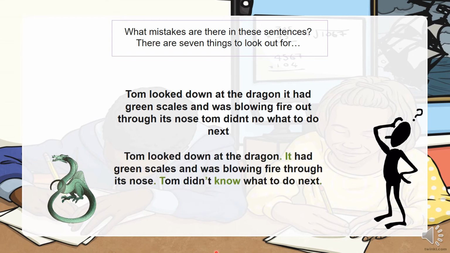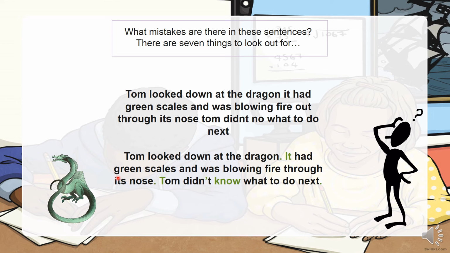Okay, so let's have a look at our 7 mistakes and see if we can spot them. Tom looked down at the dragon. That was all okay, apart from the fact that dragon finished off the sentence and so we needed a full stop. That was our first mistake. And because we've got a full stop, we know that it must need a capital letter because it's the beginning of our next sentence. So there's our second mistake.